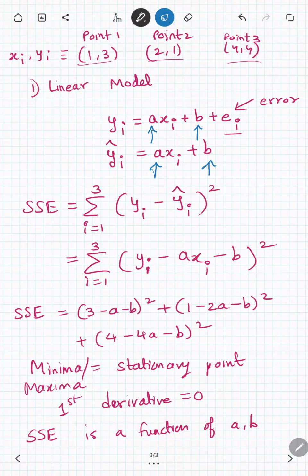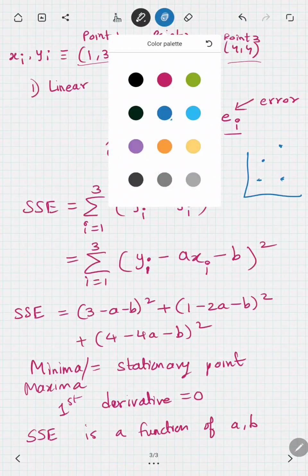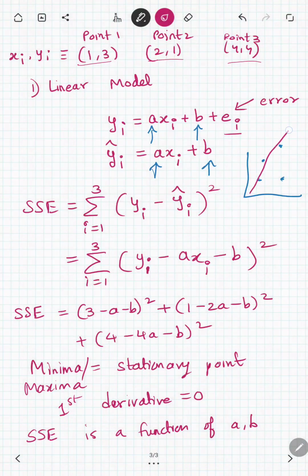Accordingly the position of the line will change, right? So if I have some data points, and if I choose a line which is something like this, it will have a different error than choosing a line which looks something like this. So depending on what a and b values I choose, my error will change. So error is a function of a and b. Now this is a function of two variables, so therefore we'll have to use partial derivatives.